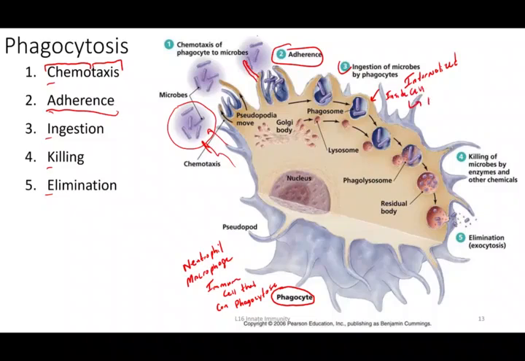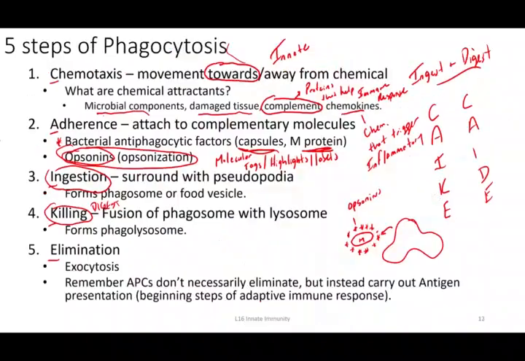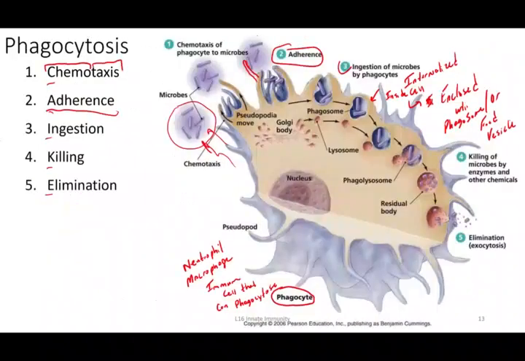And more specifically, they are enclosed within, there's different names for this, it's called a phagosome, or it's also called a food vesicle. So that's shown here, food vesicle, phagosome. And so that's what this structure is right there.